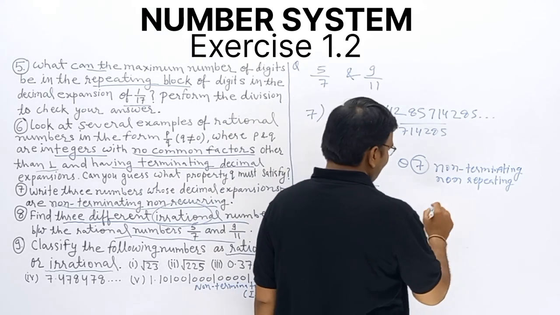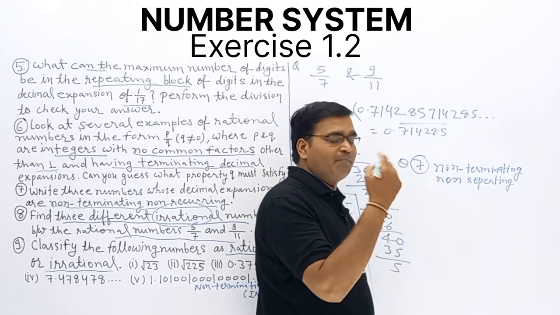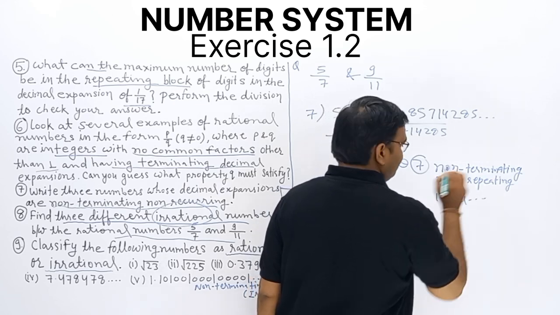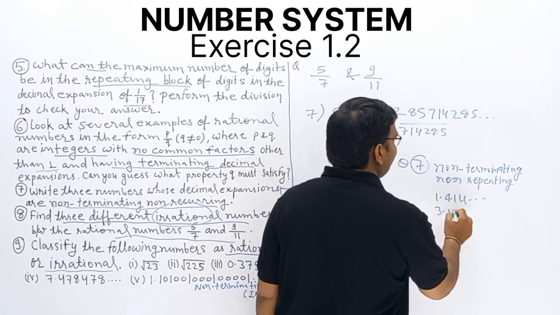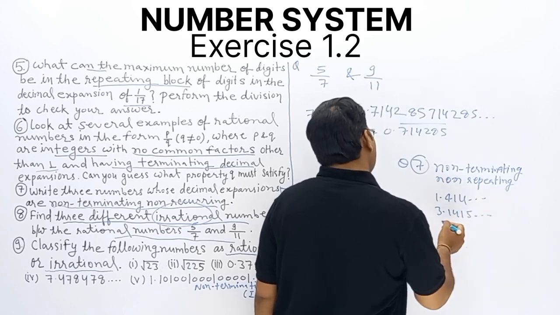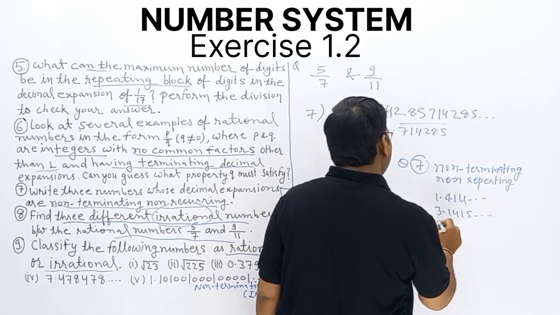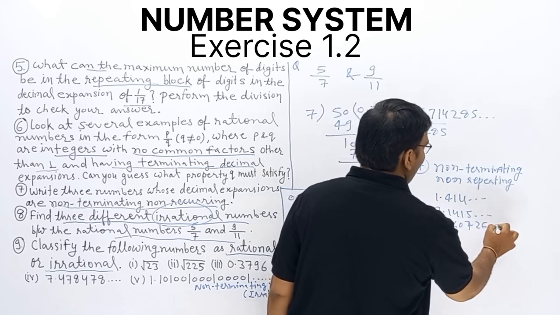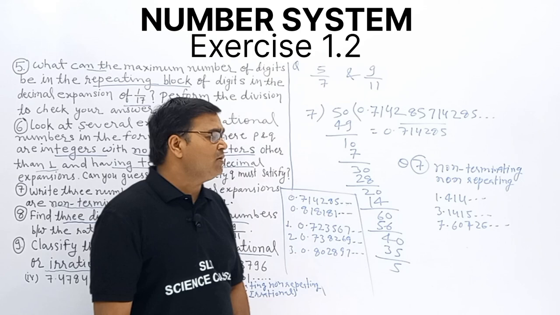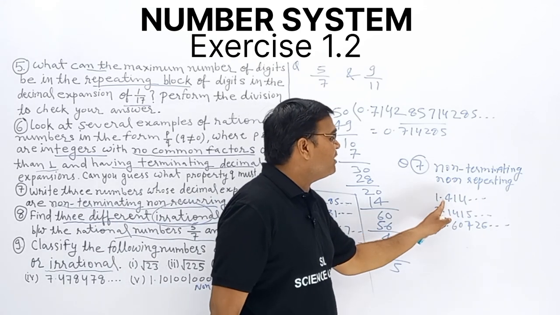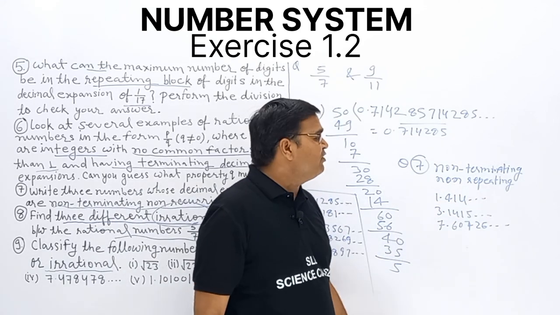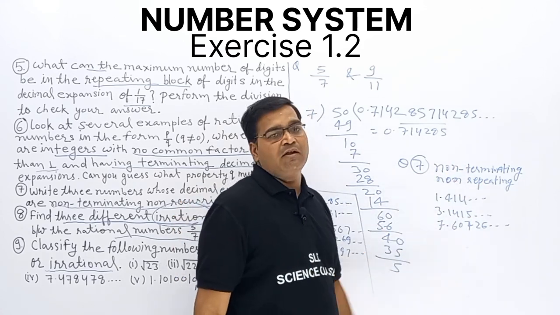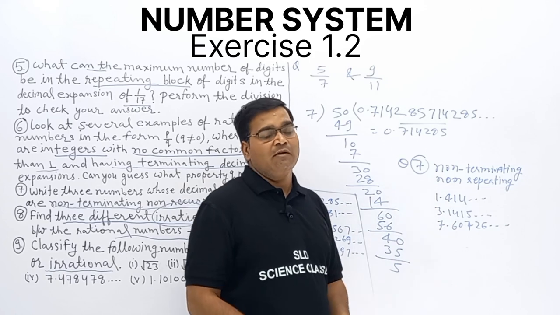So we have so many examples: 1.414 and so on, 3.1415 and so on. Next one, we can write 7.6057226 and so on. So these are non-terminating, non-repeating, meaning after the point we are getting different values up to infinity. If we have numbers like this, then we can say they are non-terminating, non-repeating.